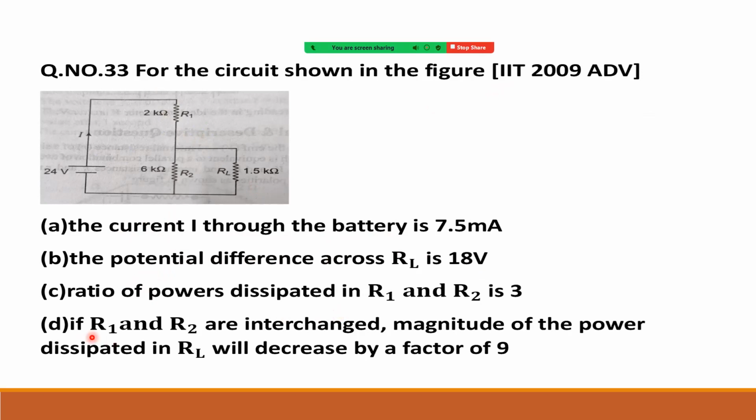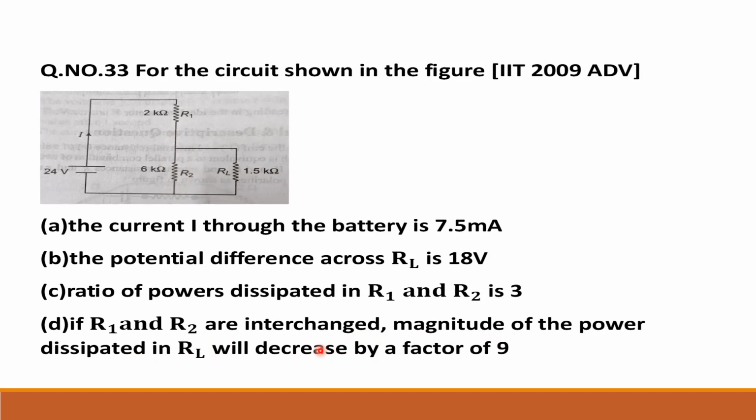Next we have to calculate this: if R1 and R2 are interchanged, magnitude of the power dissipated in RL will decrease by a factor of 9. Okay. So these are the things we have to verify, right? Let us see.